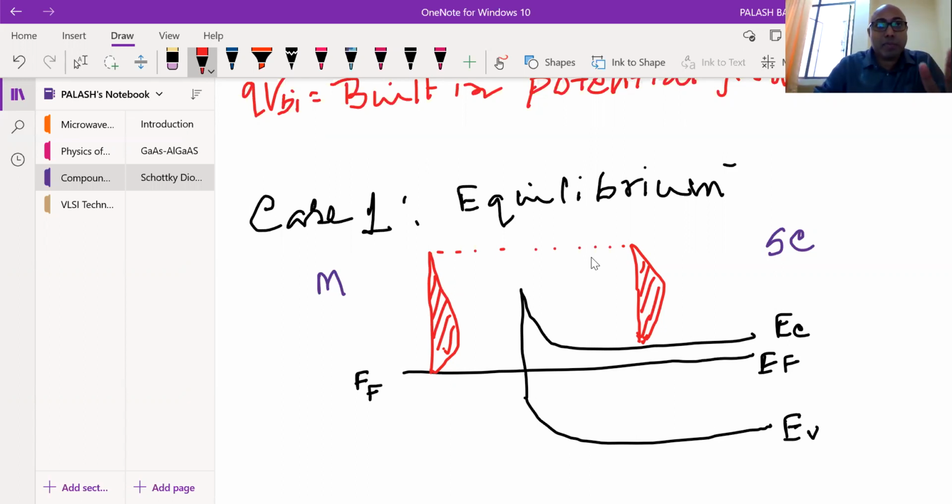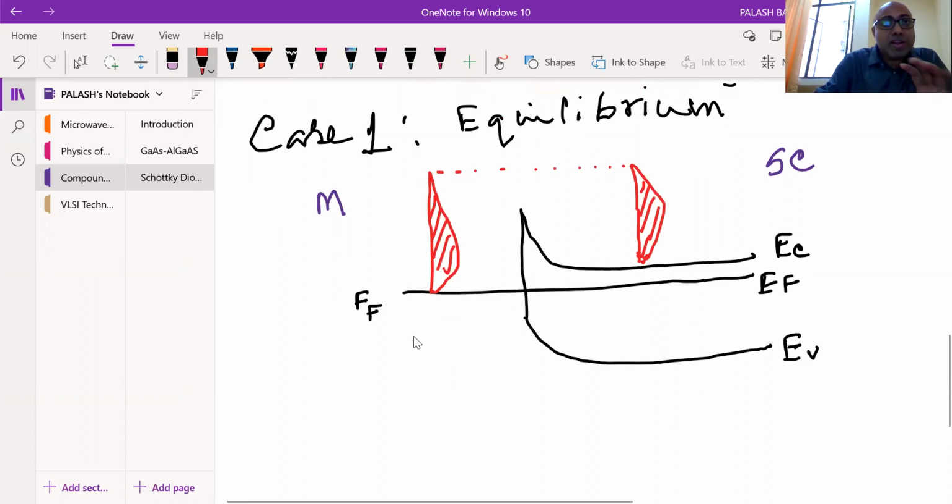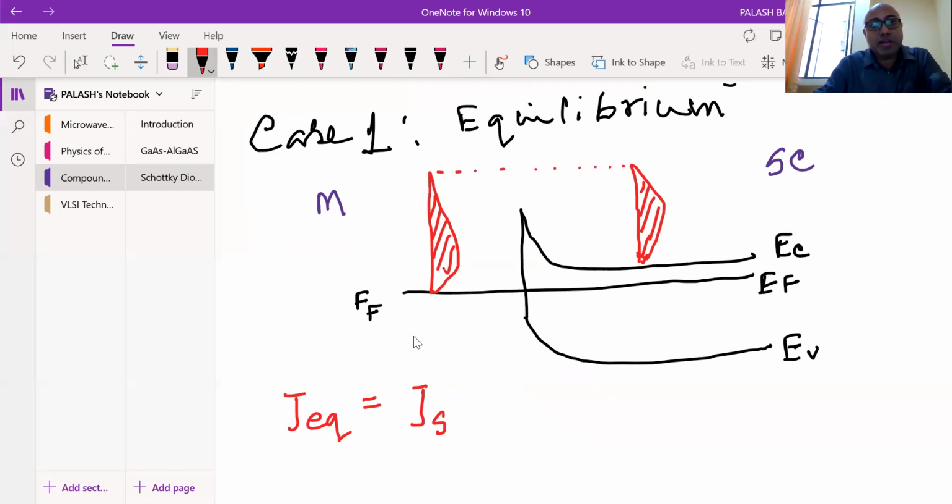And what is the current? If you want to get the current across the junction at equilibrium, you can write J semiconductor to metal minus J metal to semiconductor, the net current, correct?